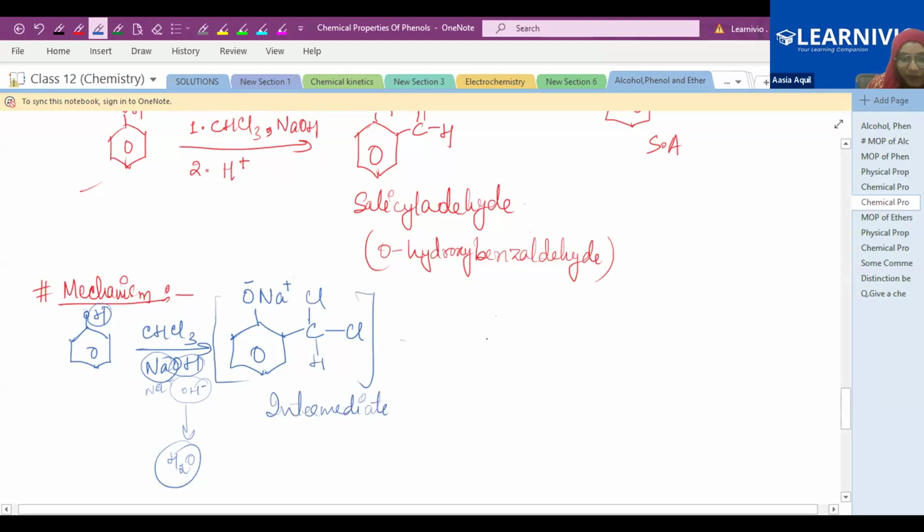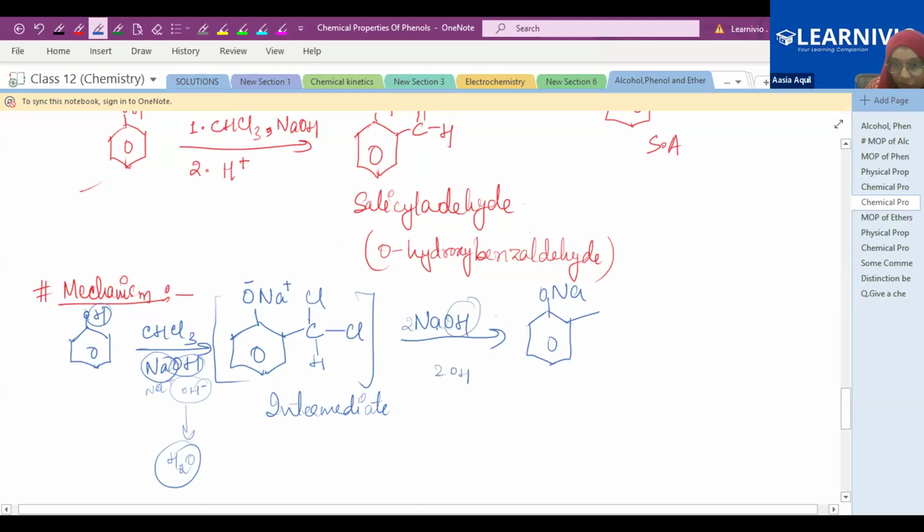Third step, when you again add sodium hydroxide. This ONa stays as it is. Here you take 2 moles of NaOH, so 2 OH will come over here.